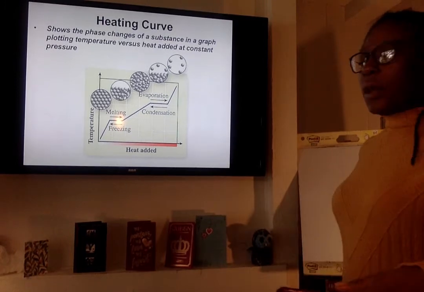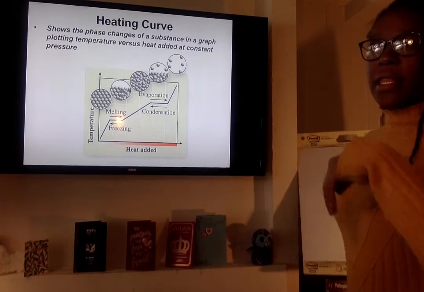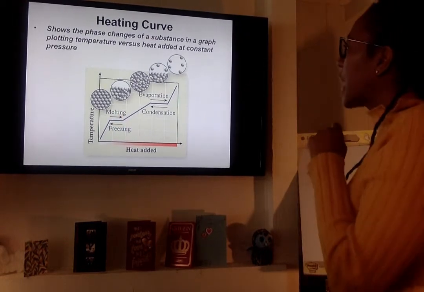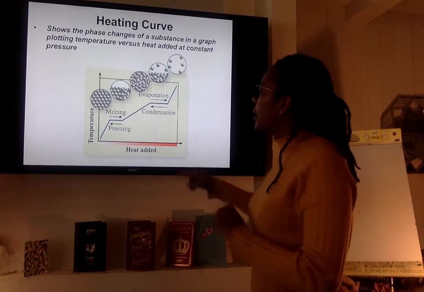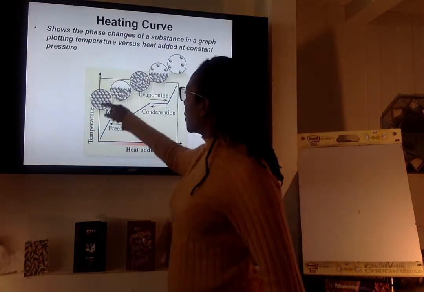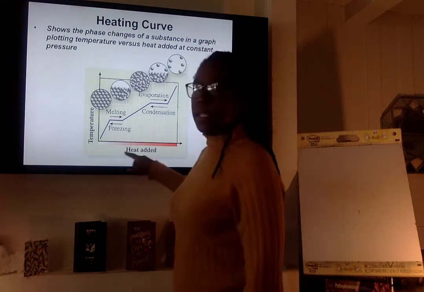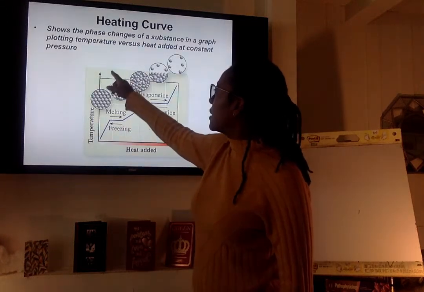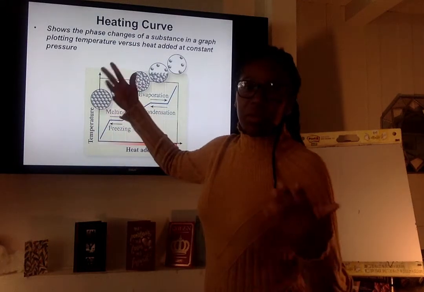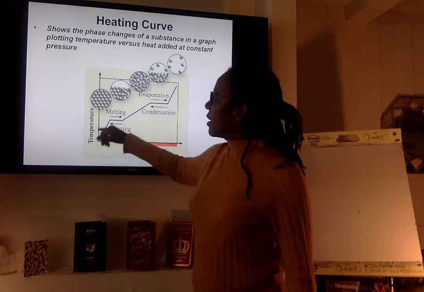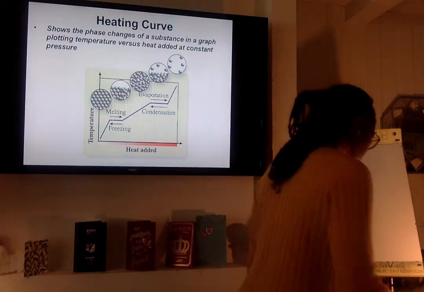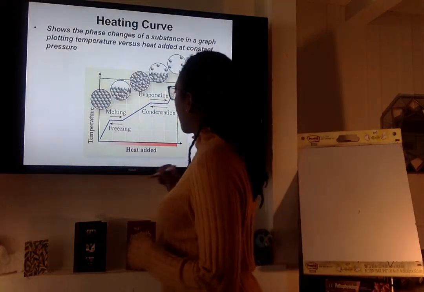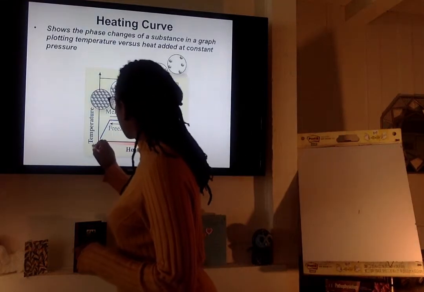So when we look at this graph, we have temperature and heat added. Let's say this is 0 and this is 300, I'm just creating that. So this is the temperature, and this is like 0 degrees.